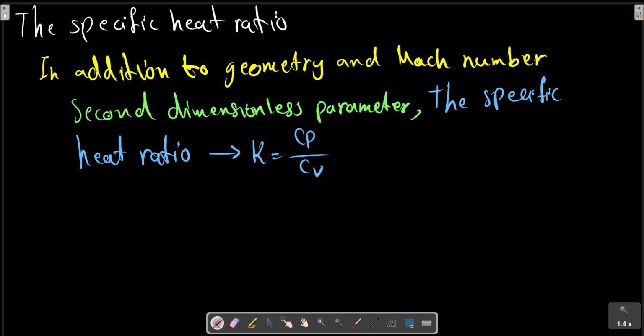In the previous chapter, we used the same symbol K to denote the thermal conductivity of flow. We apologize for the duplication. Thermal conductivity does not appear in this chapter, so K is the specific heat ratio in this chapter.